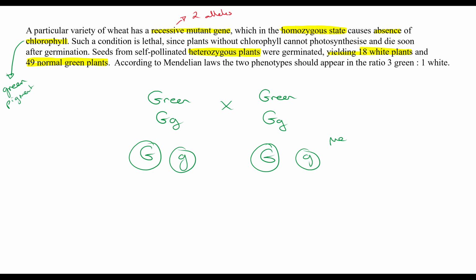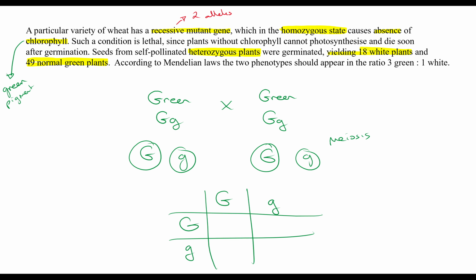So meiosis is going to produce my gametes, and my gametes are going to give me the potential offspring. So if I now bring this into a Punnett diagram, I quickly draw that across. What I can see is if it follows Mendel's law of independent assortment, then what I will get is, as they've rightly stated, a ratio of 3 green to 1 white.